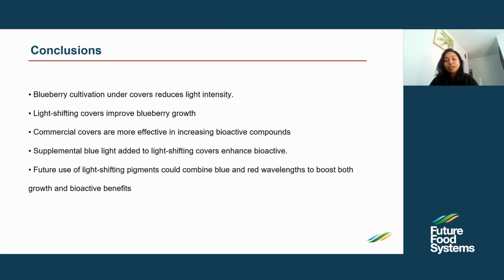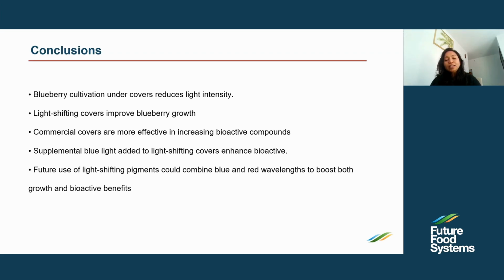The commercial covers also increased bioactive compounds when compared to photoselective films, and probably these photoselective films can be further enhanced by making modifications in the scattering, transmittance, and some dye modifications, as Chris mentioned in his slides previously, that they're working on.